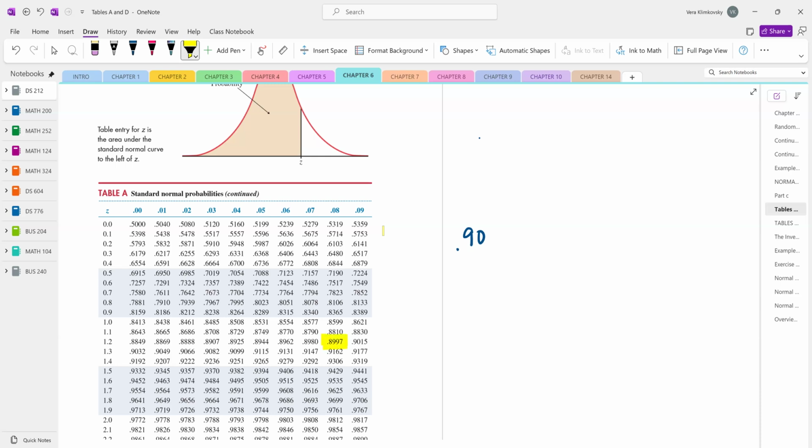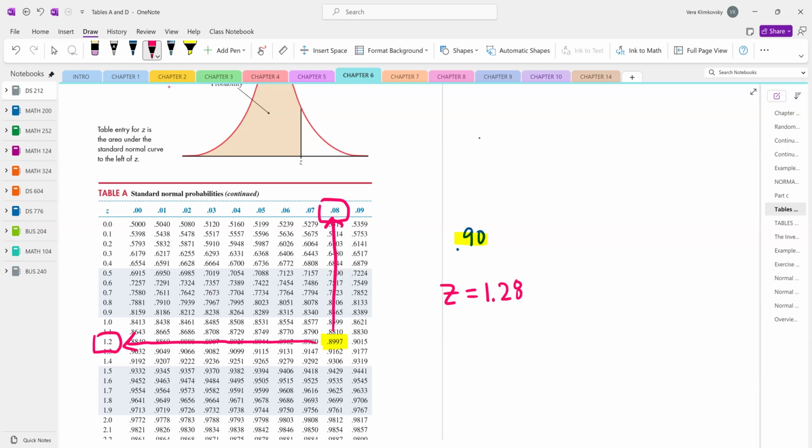This is pretty close to what we're looking for, 0.8997. It's pretty close to 0.9. And then we read the z-value of the chart. So if we go back to the z-score, then the z-score from the table is 1.28.